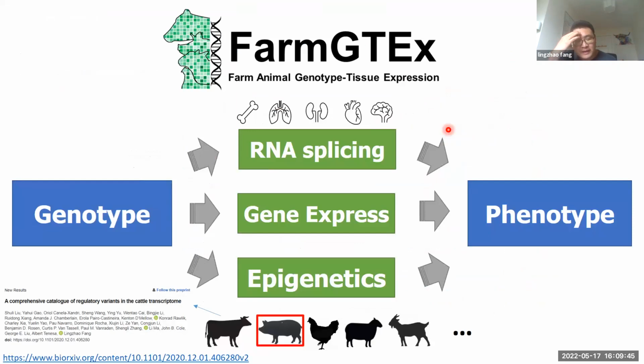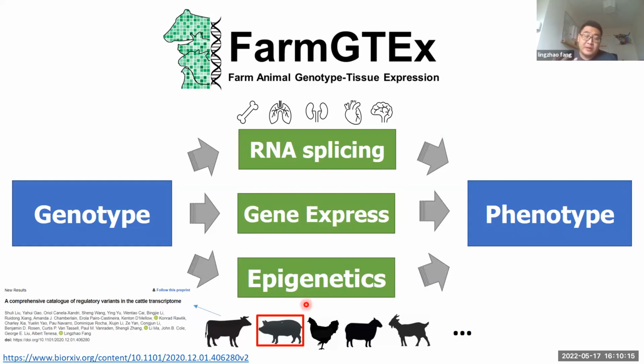And just at the beginning of 2018, when I did my postdoc in USDA, and this was also the major time of the human GTEx, we started thinking about whether we can do the same thing and develop the same resources for farm animal species, because we're also quite interested in understanding the genetics of complex traits of very economic value in livestock.